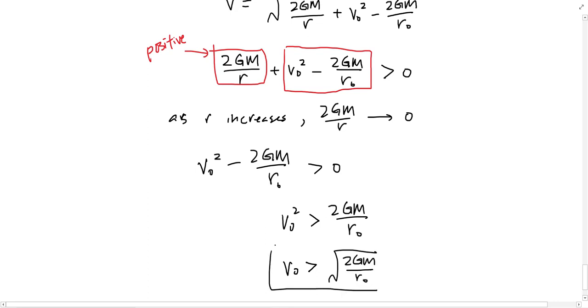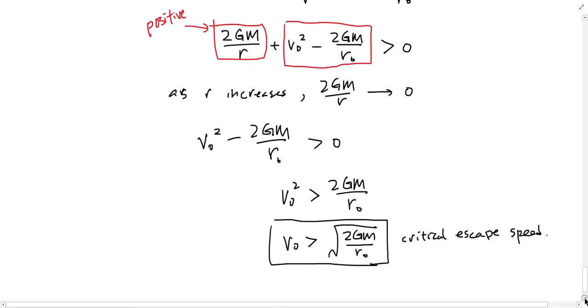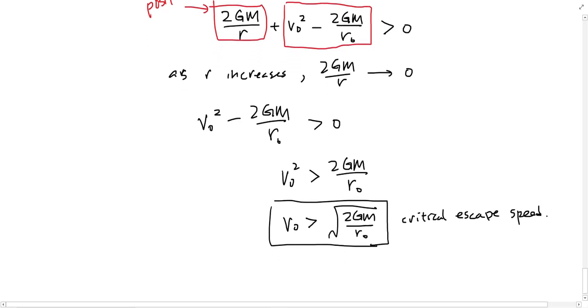So what I'm claiming is this is the critical escape speed. Now, of course, I don't know what this number is, but at least I now have a formula to generate it. And now it's just a matter of knowing what gM and r sub 0 would be. Then we're good to go.